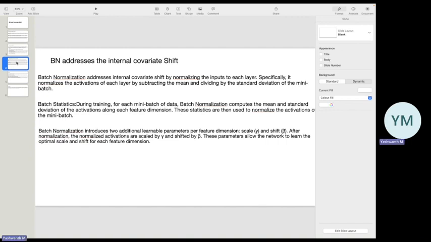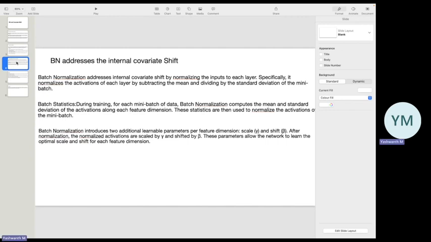The batch normalization addresses the internal covariate shift by normalizing the inputs at each layer. Specifically, it normalizes the activations of each layer by subtracting the mean and dividing by the standard deviation of the mini batch.